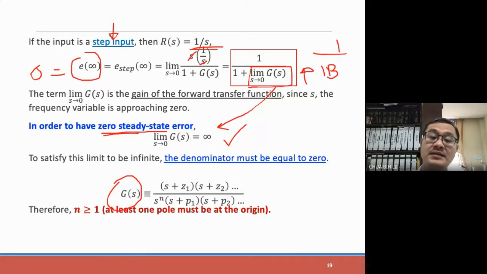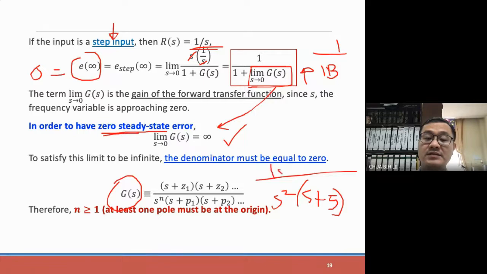It can be in the form of s squared, then s plus 5, your pole, let's say you have this s plus 3. So this is the general form of this kind of transfer function.